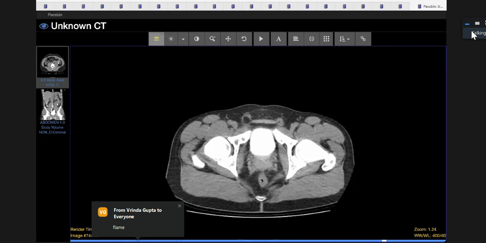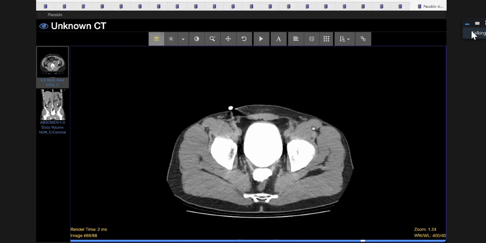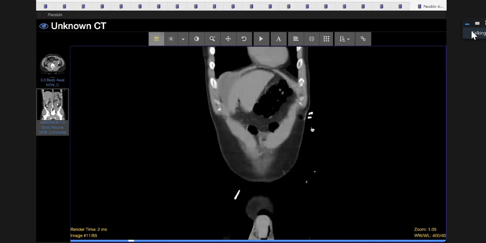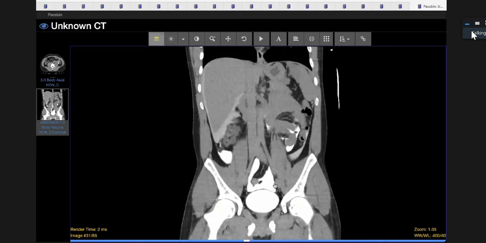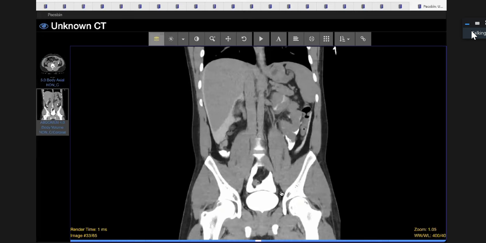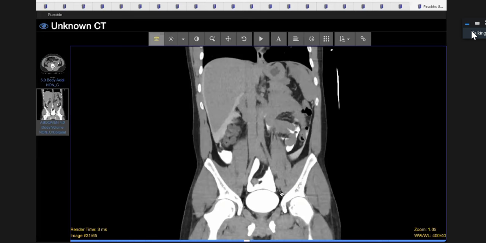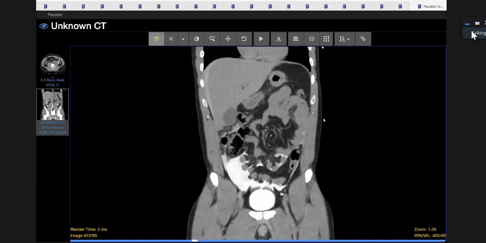This type though is intraperitoneal. So actually, I think you have just a couple of slices of the coronal scan there, so you can see quite nicely where that rupture is. Just there. That's quite neat, isn't it? You can see exactly where it's gone at the dome of the bladder, and this is because it's a blunt trauma.